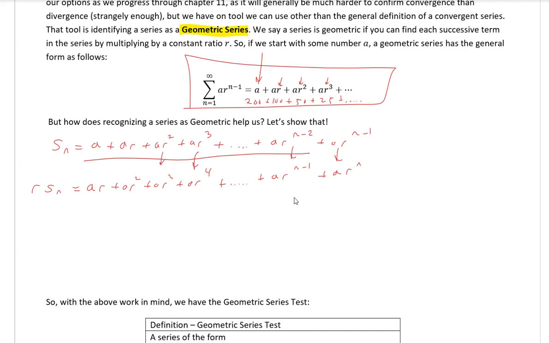Now the reason I do that is because I want to see what happens if I take one of these summations I built and subtract away the other one. I said this is kind of a weird process, but you'll see why we do this.